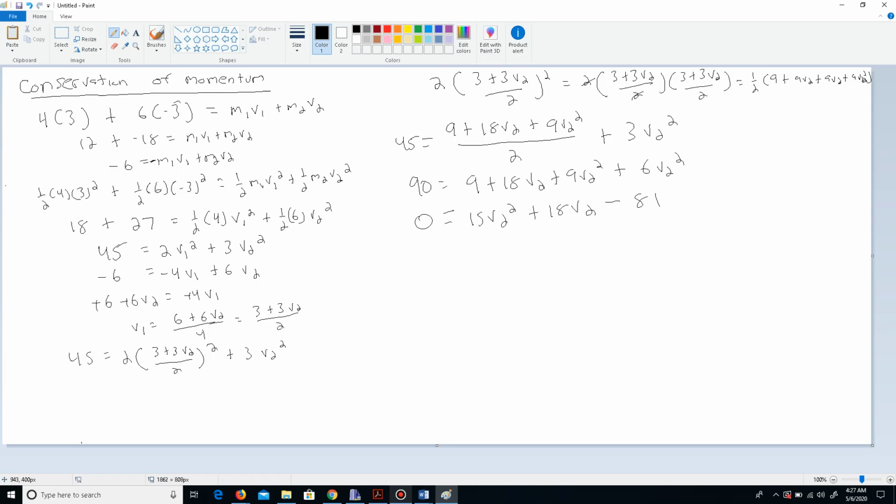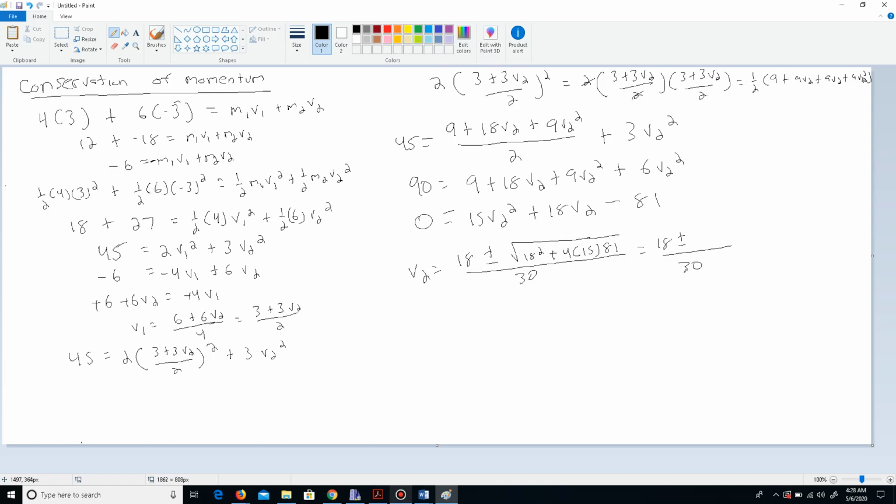Now I have to use the quadratic formula. So v2 is going to equal 18 plus or minus the square root of 18 squared minus 4 times 15 times negative 81, which is negative, so that's going to make it positive, over 2 times 15, which is 30.